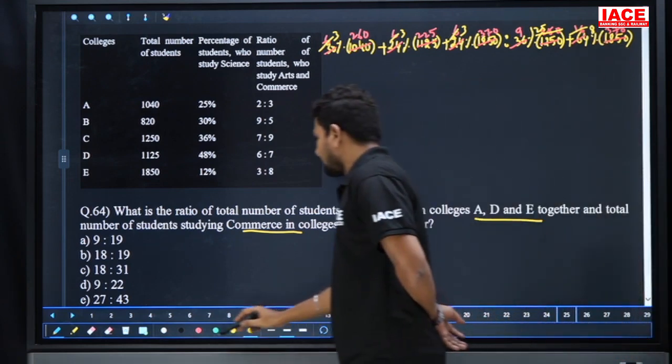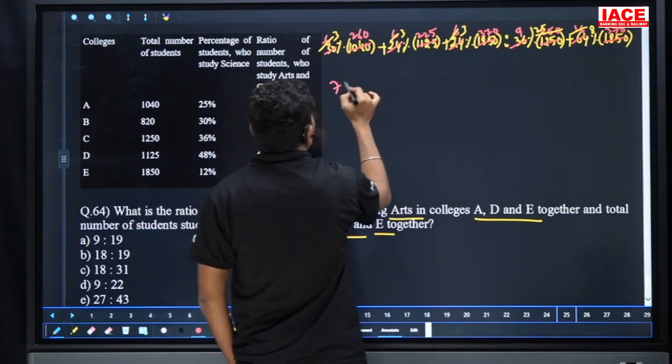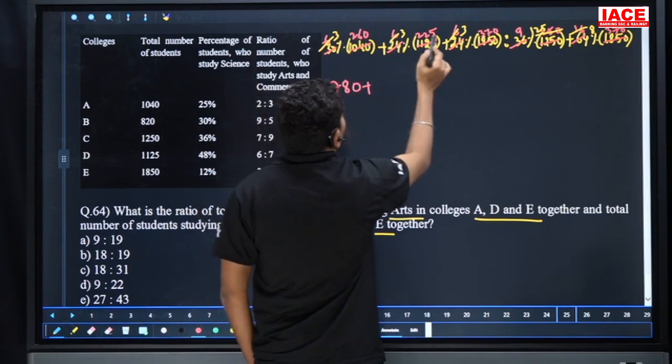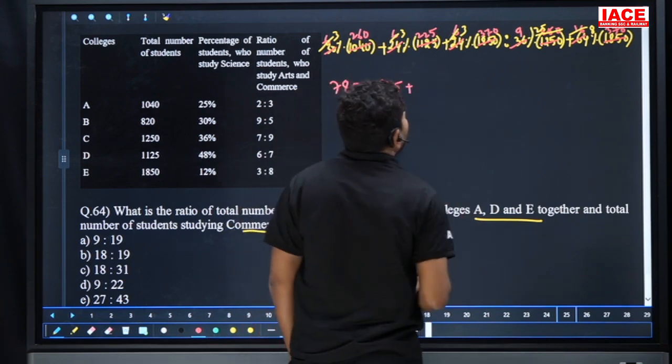Now going to multiply all the values. 3 into 26, 3 sixes are, it is 780, plus 3 into 225, it is 675, plus 3 into 370.